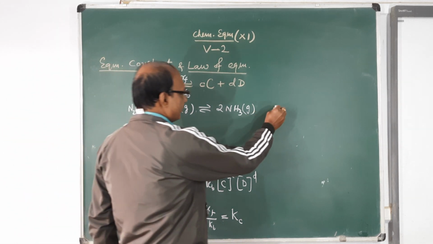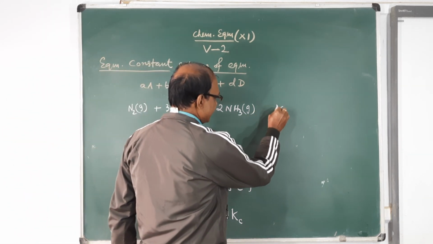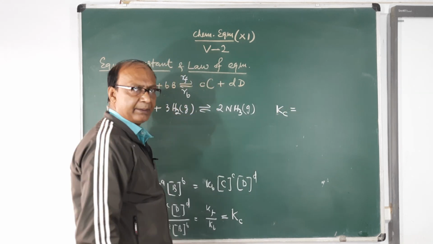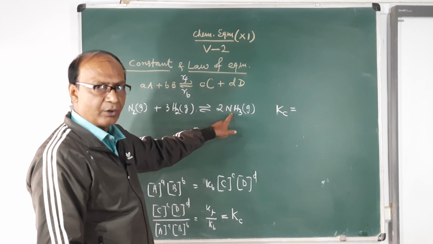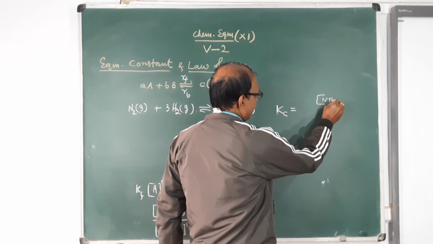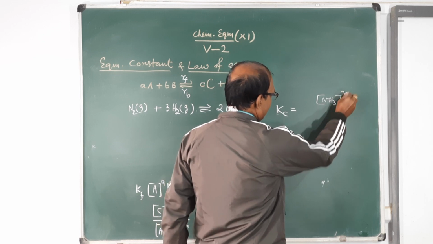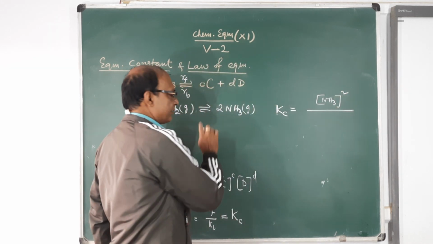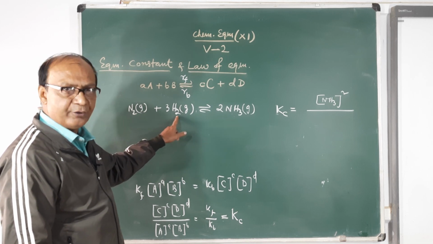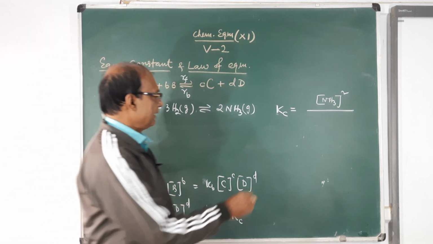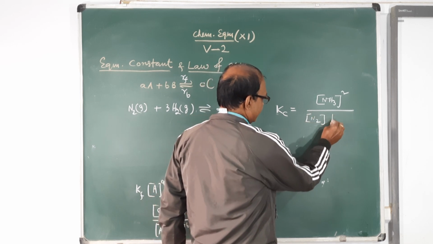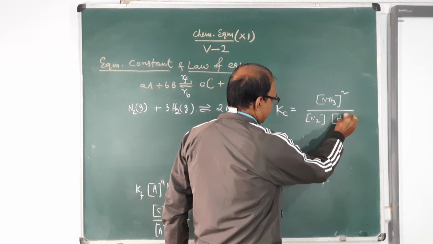Therefore, the expression of the equilibrium constant Kc for this reaction can be written as: here is one product only, so Kc = [NH3]^2 / ([N2][H2]^3).